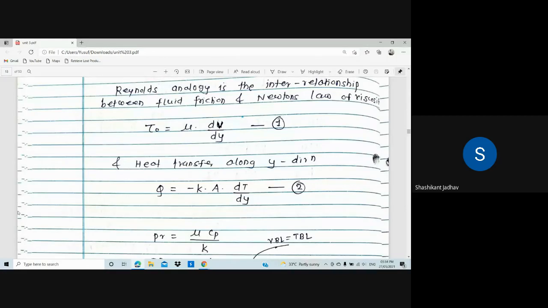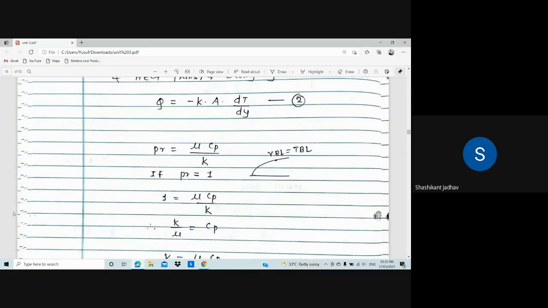So here we are considering the y direction, so therefore q is equal to minus k into A into dt by dy, and that is the equation number 2. Since we are considering the y direction, we have to take the dt by dy.